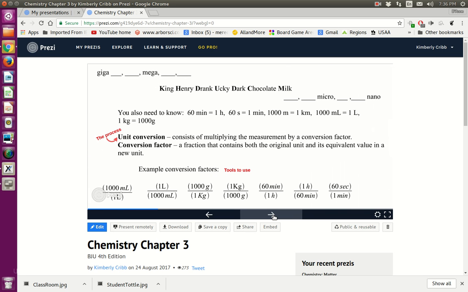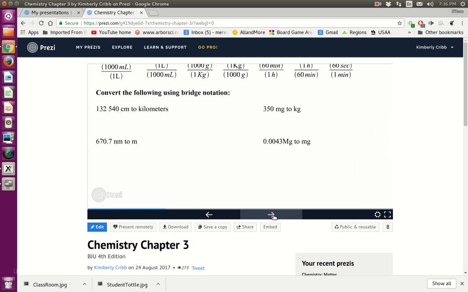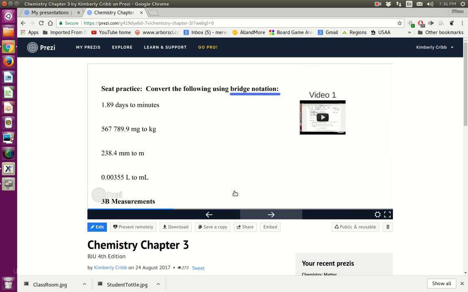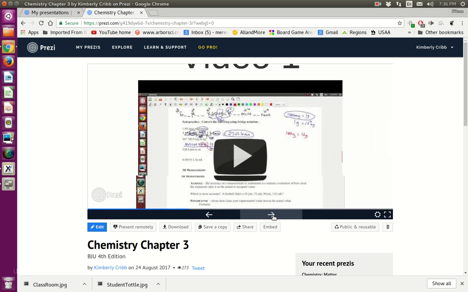All right, let's move on to here. This is where we just got through talking. And I went through and converted all these using bridge notation, and also trying to show you a little bit of how to practice. Now, seat practice, use the bridge notation, and I want you to do these. Now, the thing is, I want you to try these, but I have this video right here where I work it all out for you.